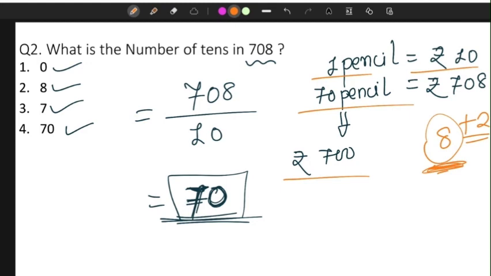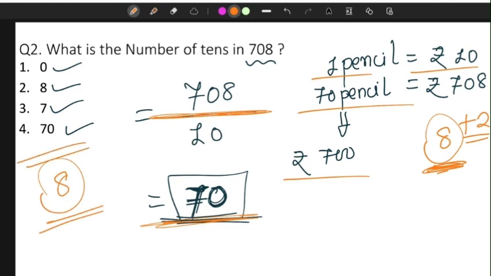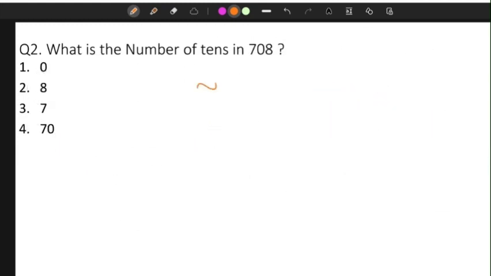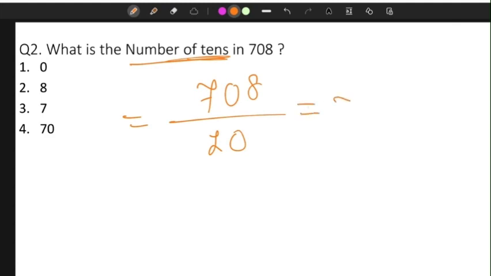This is how we have calculated the answer. If I buy pencils with 708 rupees, where each pencil costs 10 rupees, after buying 70 pencils I am still left with 8 rupees. Hence, whenever there is an extra number, when calculating tens by dividing the given number by 10, simply take the possible whole number, that is 70.